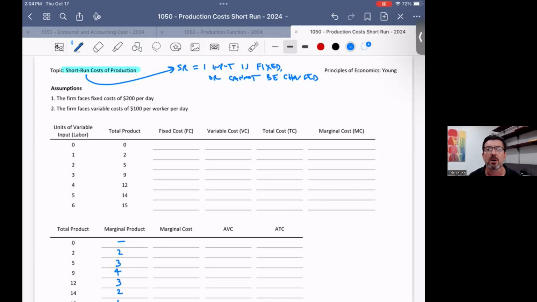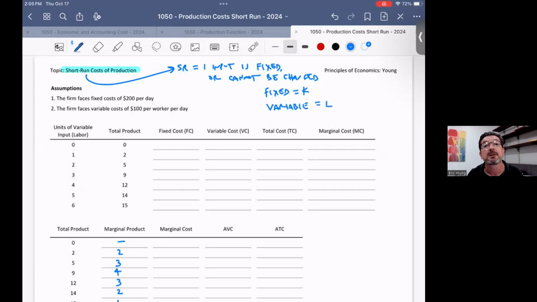Okay. So in the short run, one input is fixed. And as you recall, we were assuming that our fixed resource was going to be our capital, our pizza shop. In the short run, one input is fixed, and we call that one capital in our model, and one input is variable, and we're going to assume that the variable resource is labor.